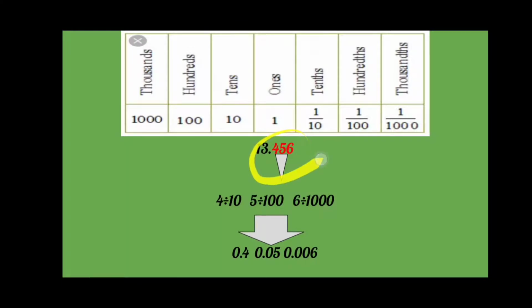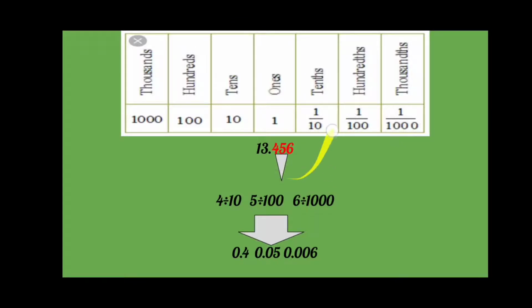Now look at this number 456. These are the decimal part of the decimal number. Now one thing you have to understand from this table is that all the numbers before the point have to be multiplied with multiples of 10, and all the numbers after the point have to be divided by the multiples of 10.